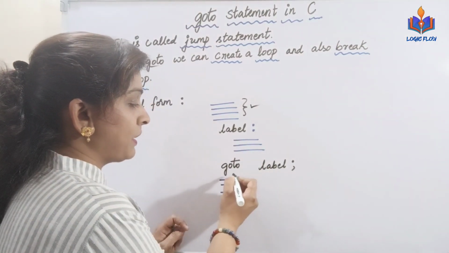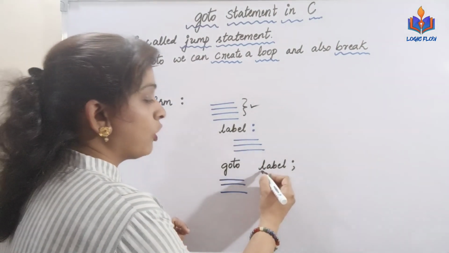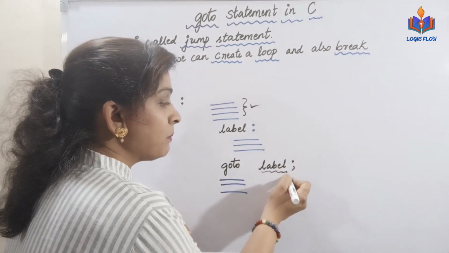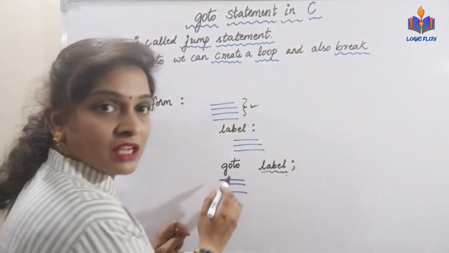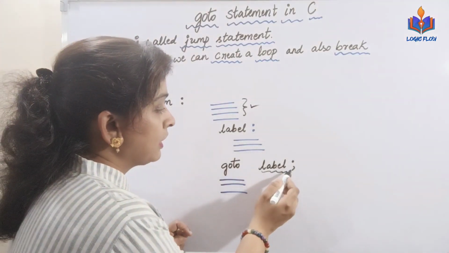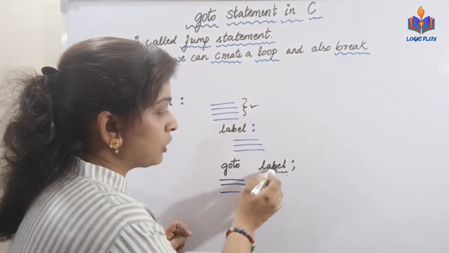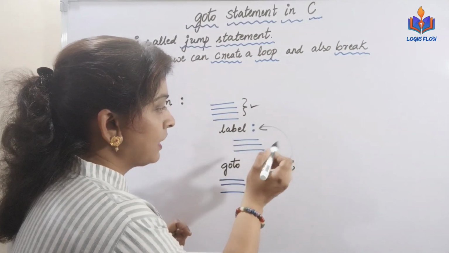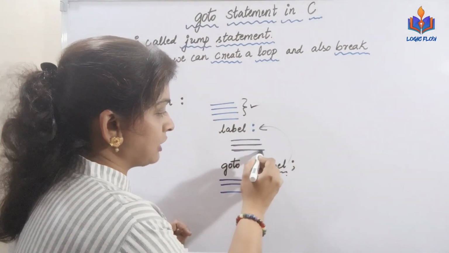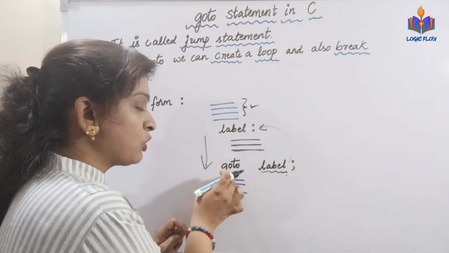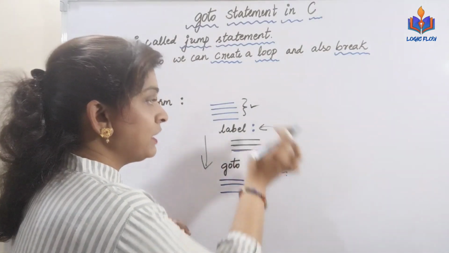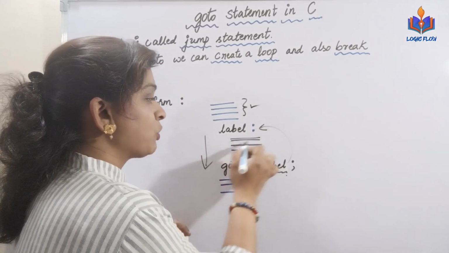So as soon as the compiler encounters this go to followed with this label, the label associated statements get executed. When I say go to label, the compiler will take the control to this label part and it will execute all these statements. Once again, as we have the sequential flow, once again this go to comes. Again I say go to label, it will go to this part and execute some statements.